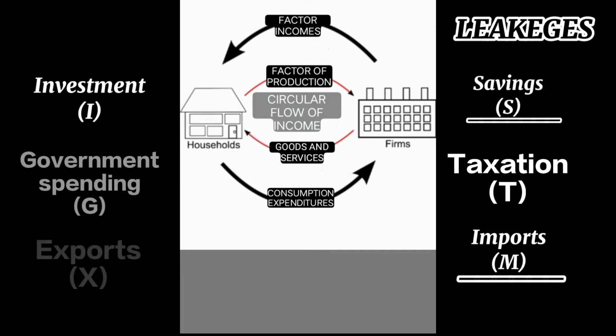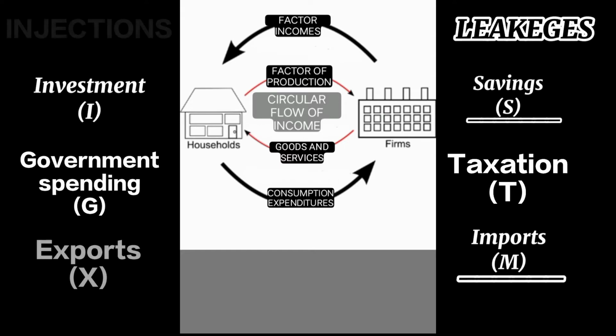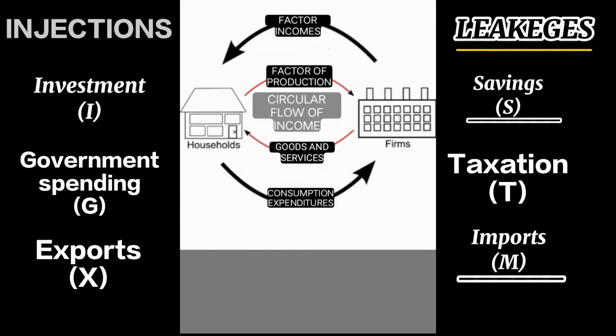So, exports here denoted by letter X. So, when firms spend on capital goods, investment, government spending, and exports, these three things are known as injections in the circular flow, in which money can enter our economy outside of consumers' expenditures. So we have leakages and we have injections, in which we can include the international sector.